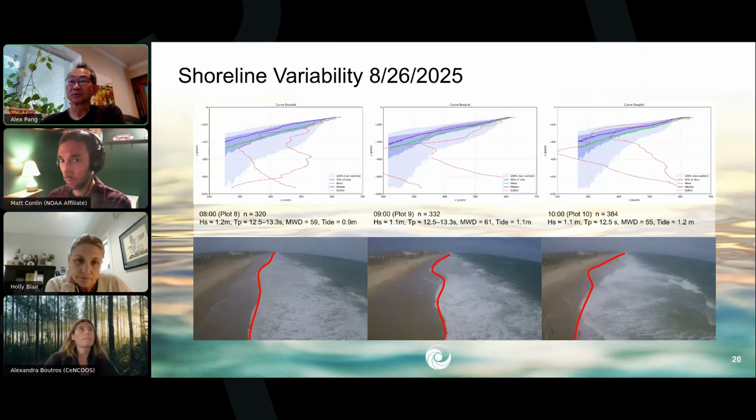I forgot the actual value, but I think the significant wave height was about 0.63, or closer to 1 meter.